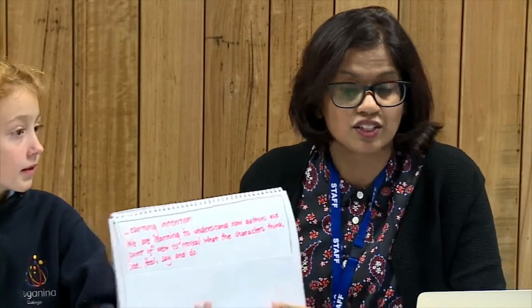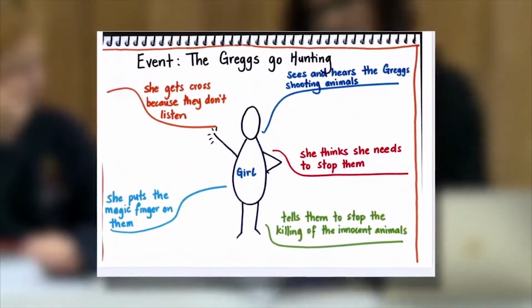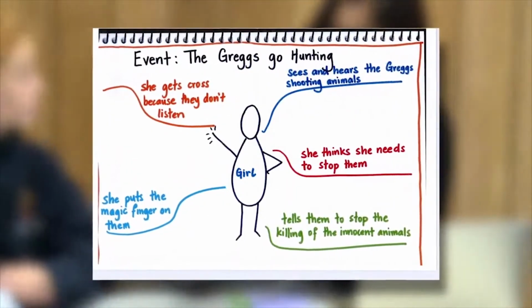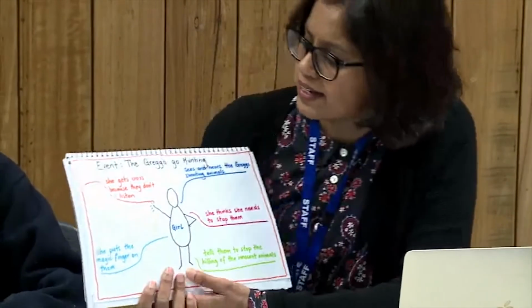Yeah, and it helps us understand an event better. So we're going to look at a little chart that we've made based on what the girl with the magic finger felt, her point of view in regards to the Gregs going hunting. Do you remember that? Yes. Yeah. Now let's have a look.